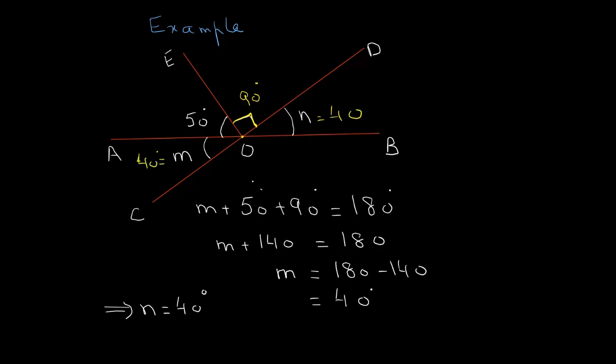Now note that, just as a check, when we add 40 to 90 to 50, we get 180 degrees, which is correct. And for example, when we add 90 to 50 to 40, we also get 180 degrees, which is correct.